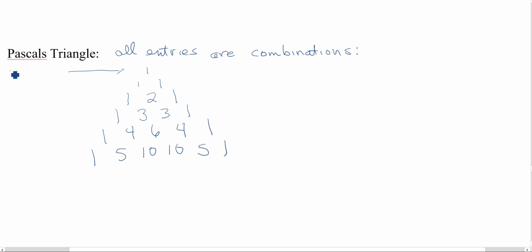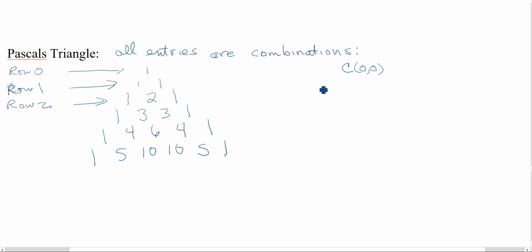This is thought of as row 0. This is thought of as row 1. This is thought of as row 2. And so this first entry would be combination 0, choose 0.